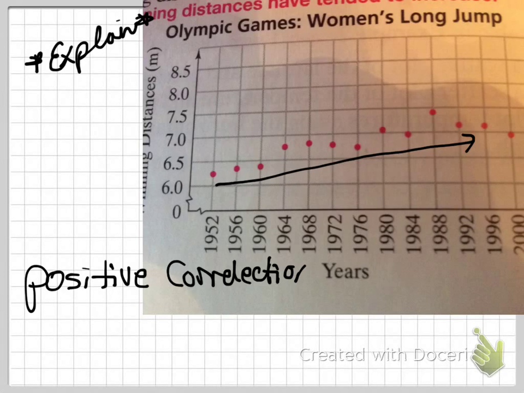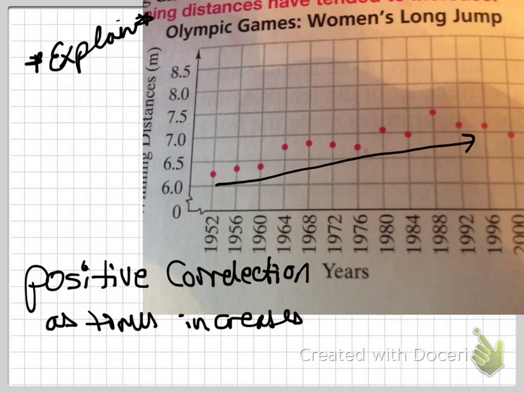And you could have explained this by saying that as time increases, the winning distances have tended to increase. This is the winning distances in terms of meters. In 1952, the winning distance was about 6.3 meters, but by 1996, the winning distance was over 7 meters.